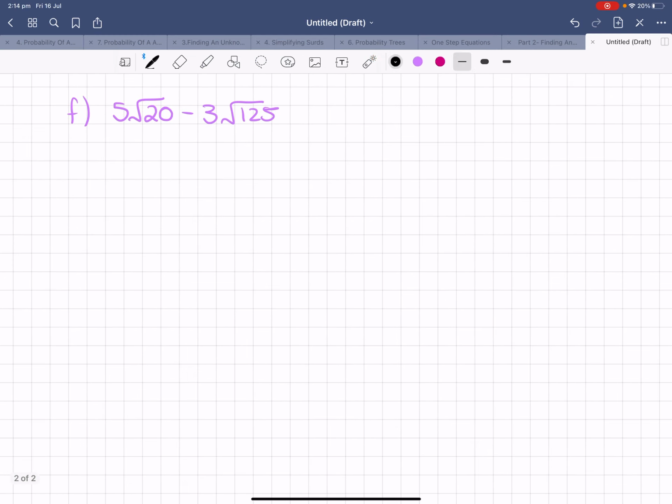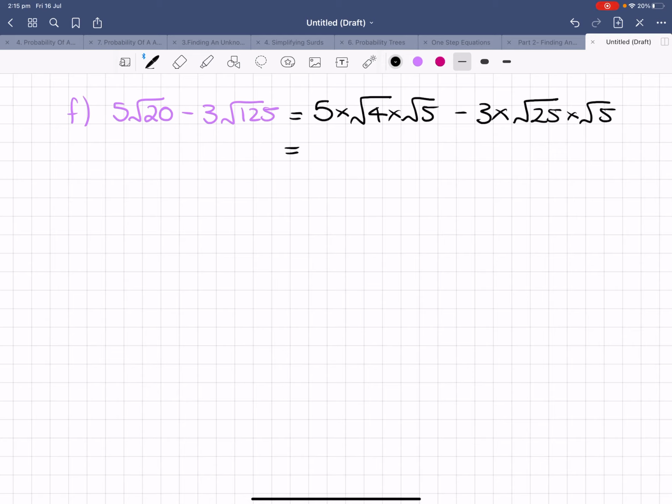Okay, last example. This time we've got a number already out the front. So 5 square root of 20. We want to break that into products where one is a square number. So it's 5, and we can go square root of 4 times 5. And then we want a minus, and then it's 3 times the square root of 125. What can we break 125 into? Well, we've got 25 and 5.